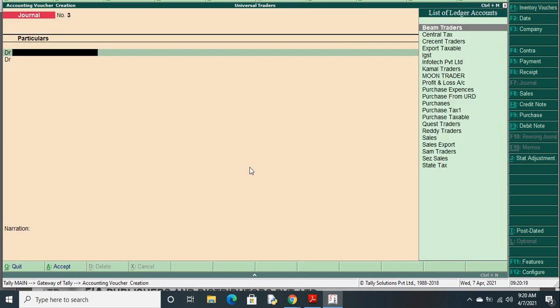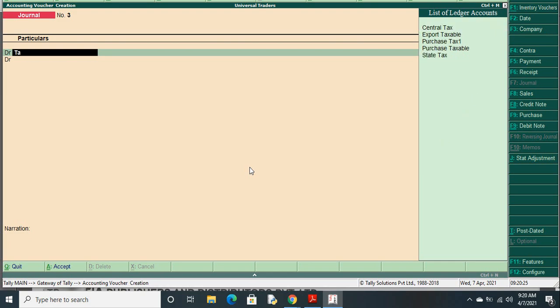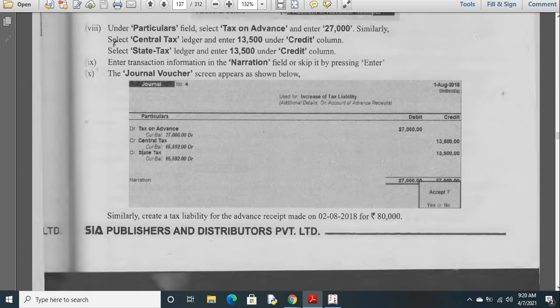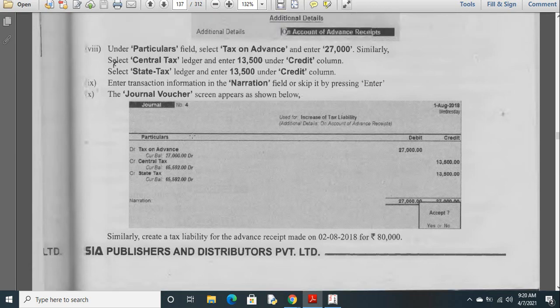Here we have tax on advance and central tax, state tax, used for increase of tax liability.